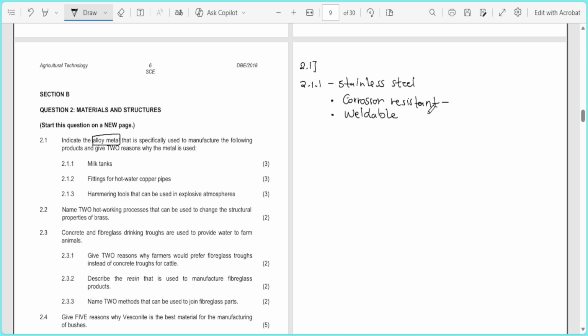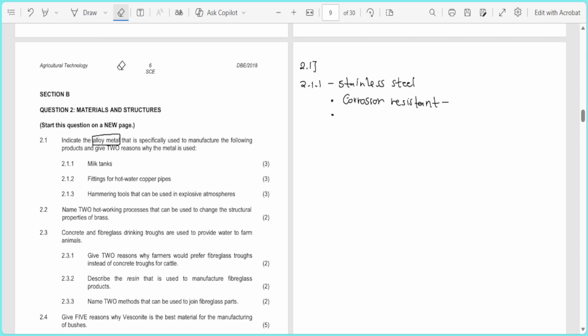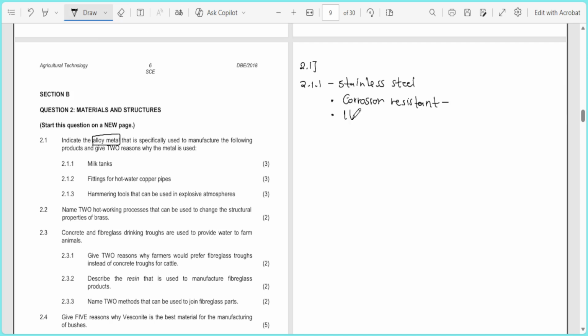Yeah, it can be welded. Let's say it can be welded well. Okay, let me explain what I mean by this.